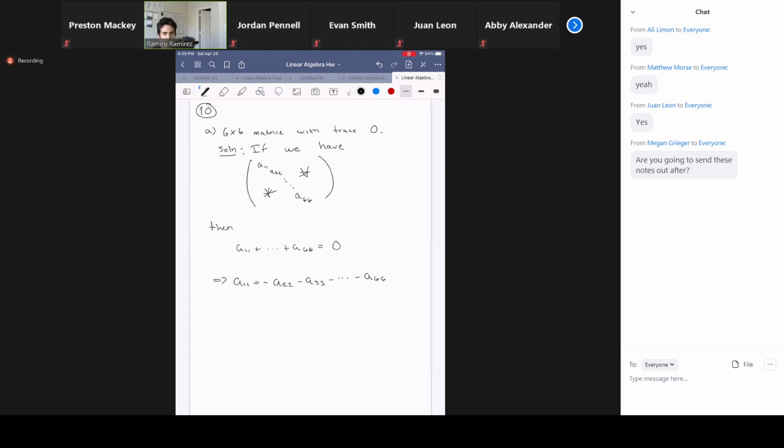So that means you can write the above. Hold on, give me a second. So the above becomes basically this: minus A22 minus A33 all the way to minus A66, and then you have A22 here all the way to A66 here, right?